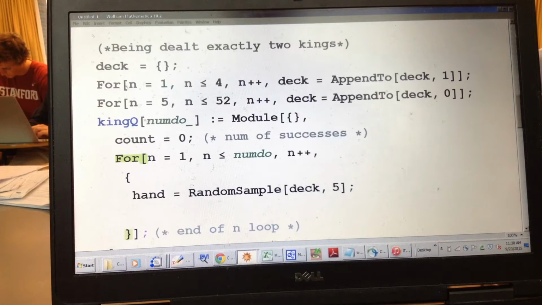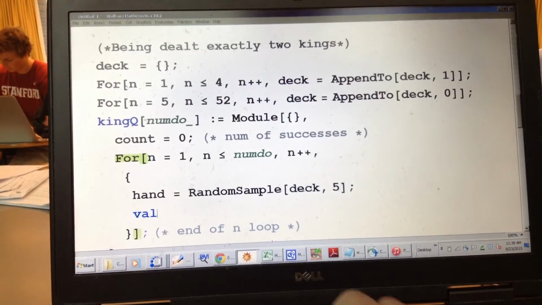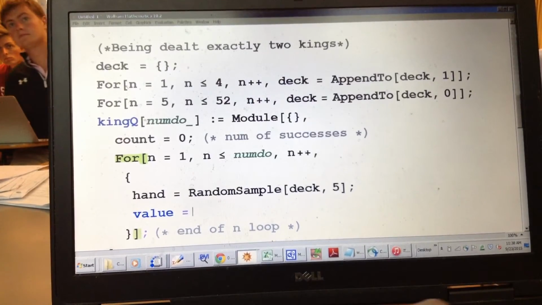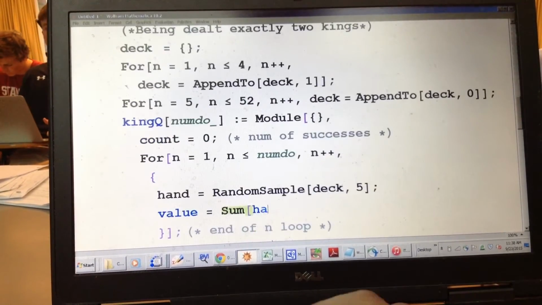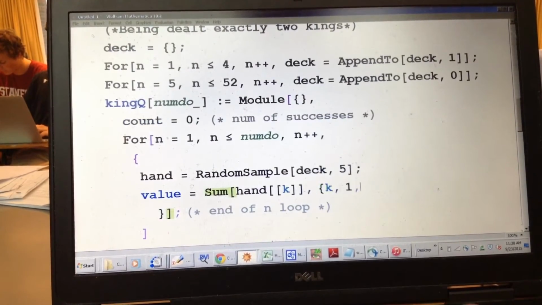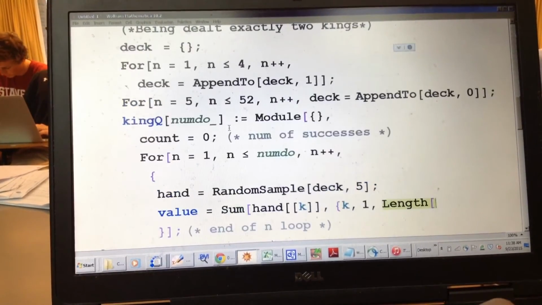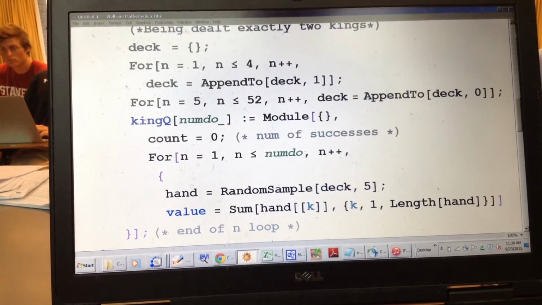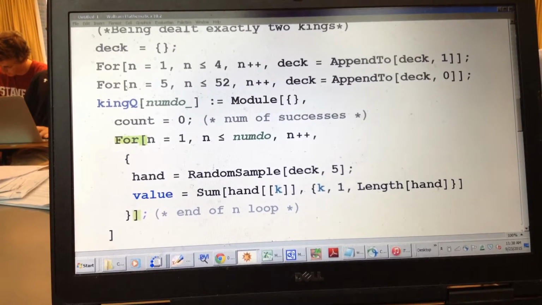And now what I will do is value will be the sum of hand sub k, k goes from 1 to length of hand. And so that will count how many kings I have.